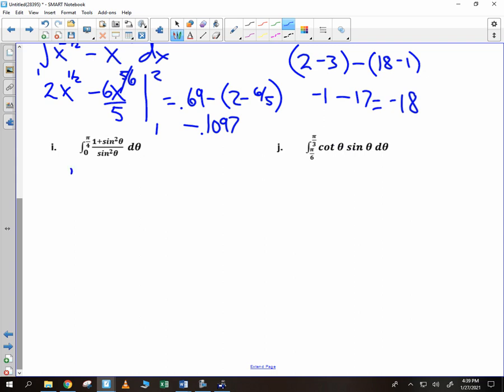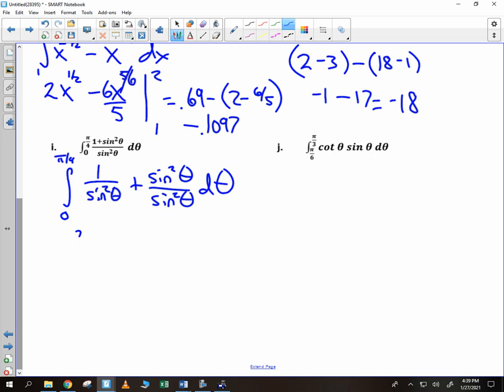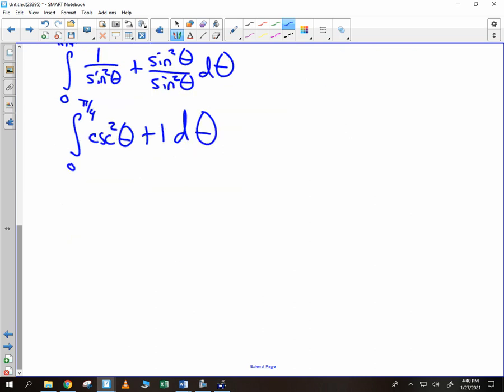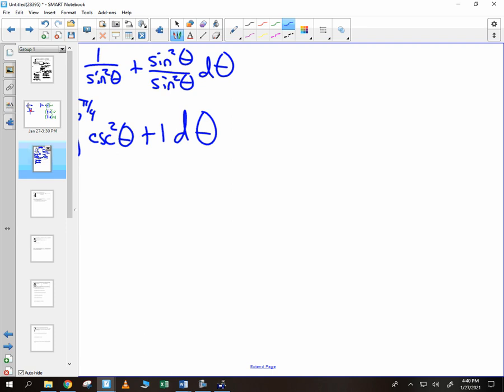I'm going to rewrite this as the integral from 0 to pi over 4 of 1 over sine squared theta plus sine squared over sine squared of theta. So notice I now have the integral of 1 over sine squared, which is cosecant squared, plus 1. Well, do we know the antiderivative of cosecant squared? And of course you do.